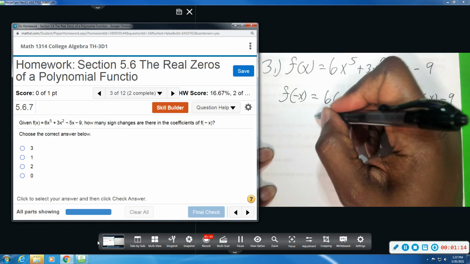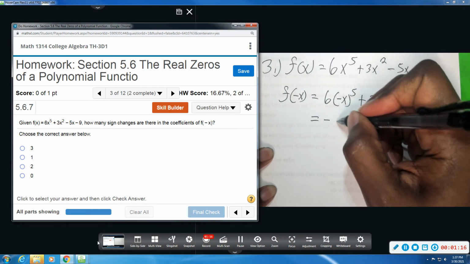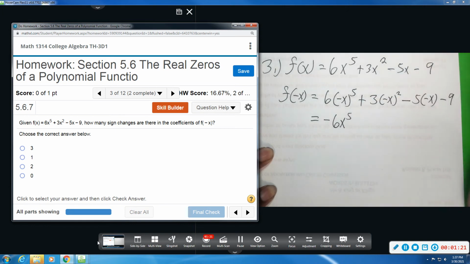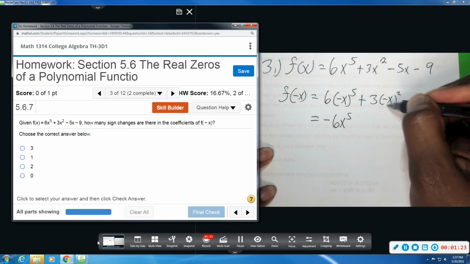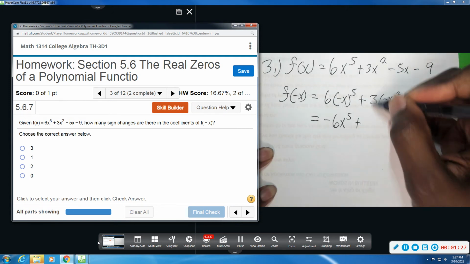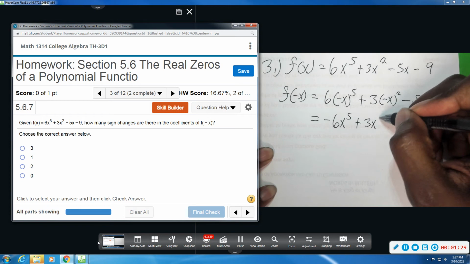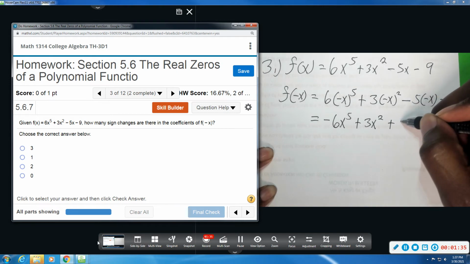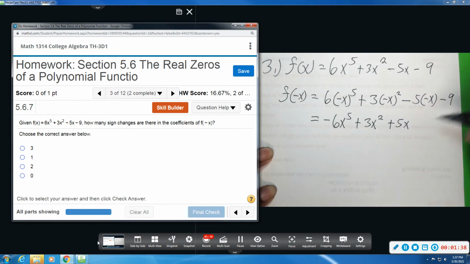So this first term will become negative 6x to the 5th. A negative term raised to an even power will become positive, so this one will not change. Positive 3x squared. A negative times a negative, this one will become positive, so 5x, and this one will not.